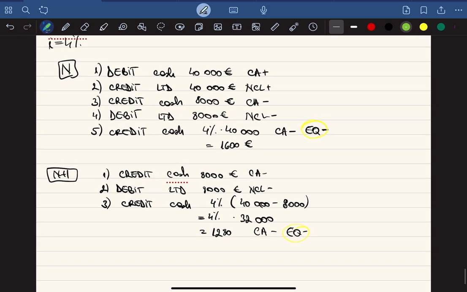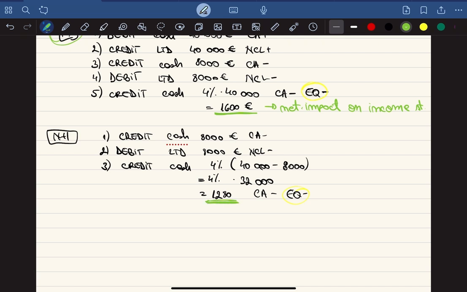First question that you can have is the net impact on income statement. The net impact on income statement in year N is just this. So you don't have to do all of it, you just find out the interest part. Net impact on income statement.